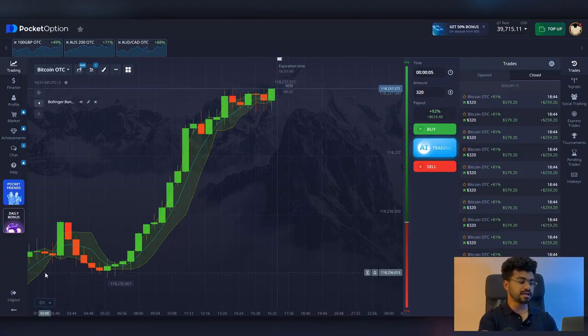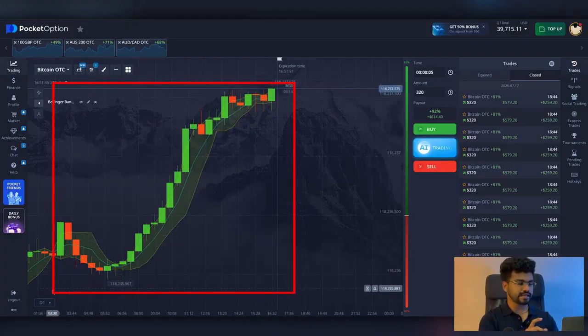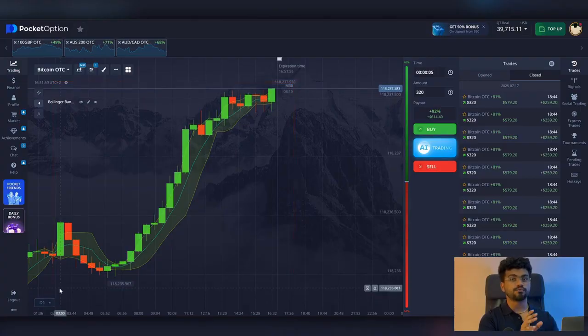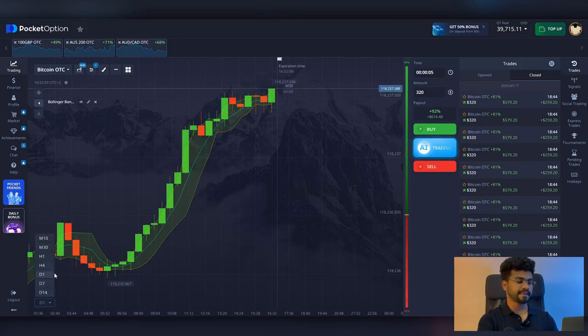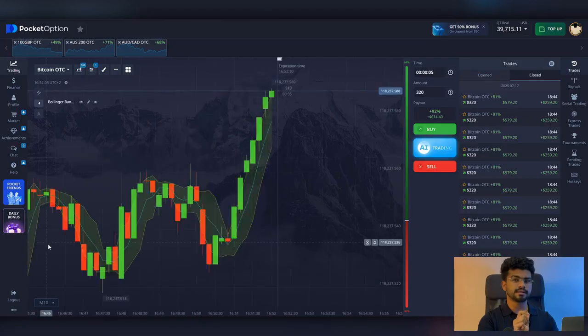So before we take any trade, we always start by analyzing the price trend of an asset, so that you have a very good idea of what you are going to do and what you are going to expect from this asset. So always start with a bigger time frame and then drop down to a smaller one to find the perfect entry point for your trading.